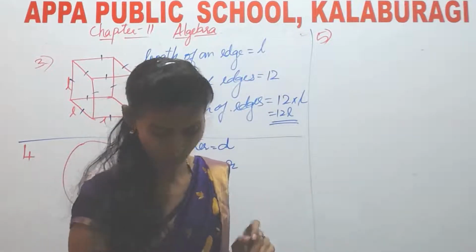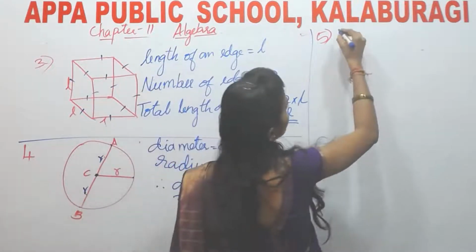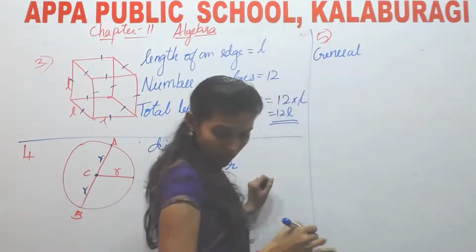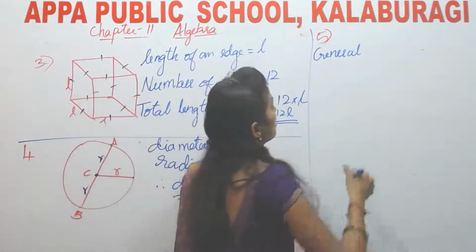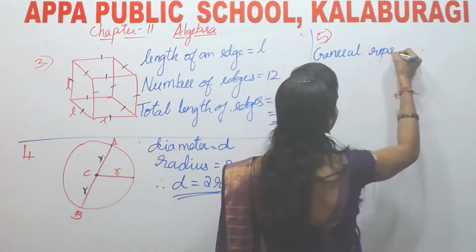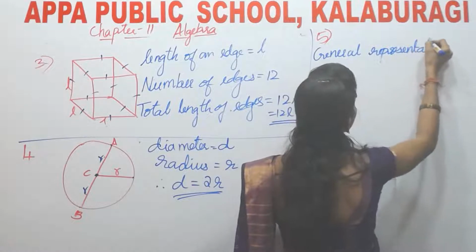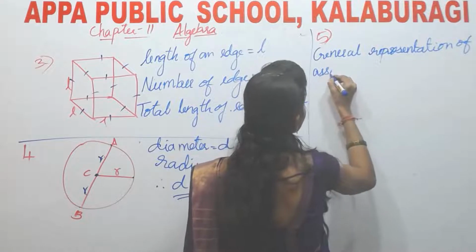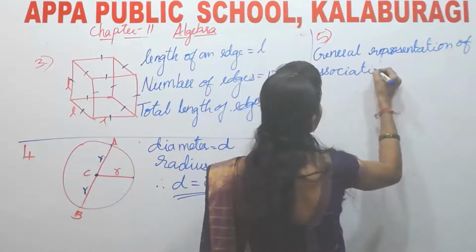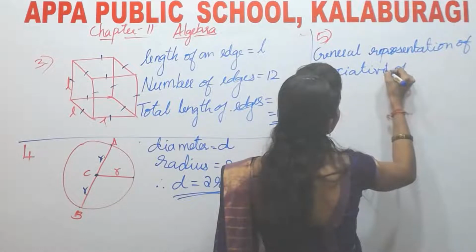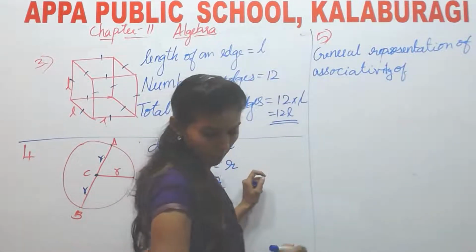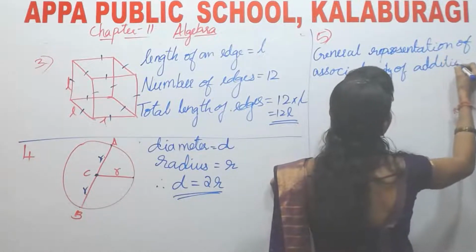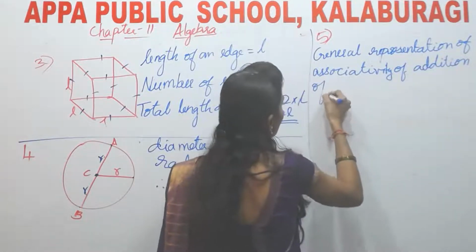Let's have the general representation of associativity of addition of numbers.